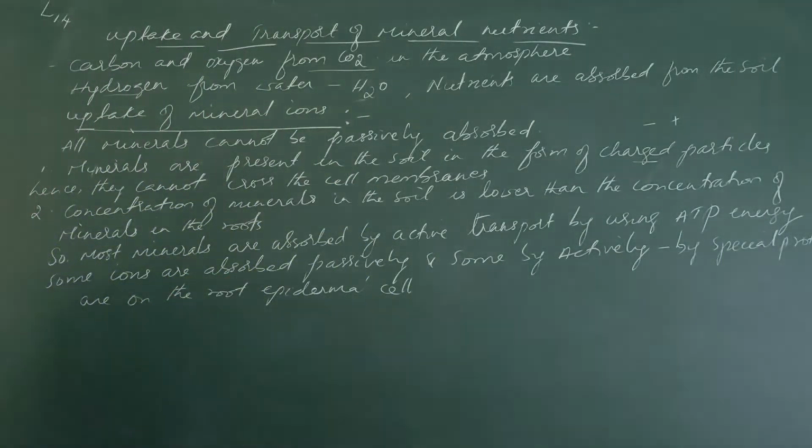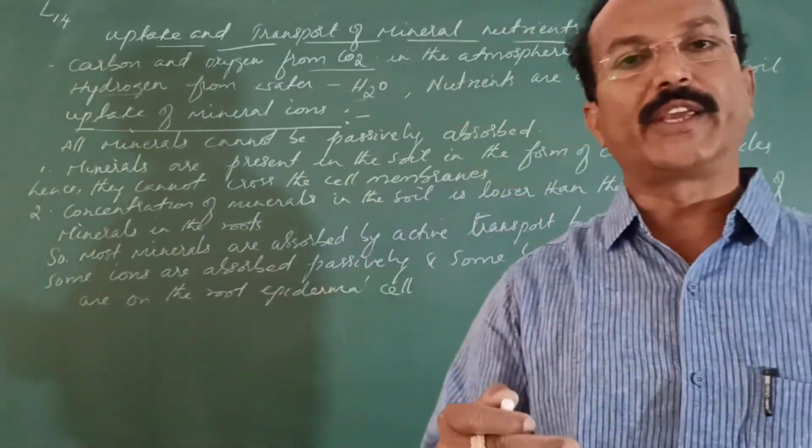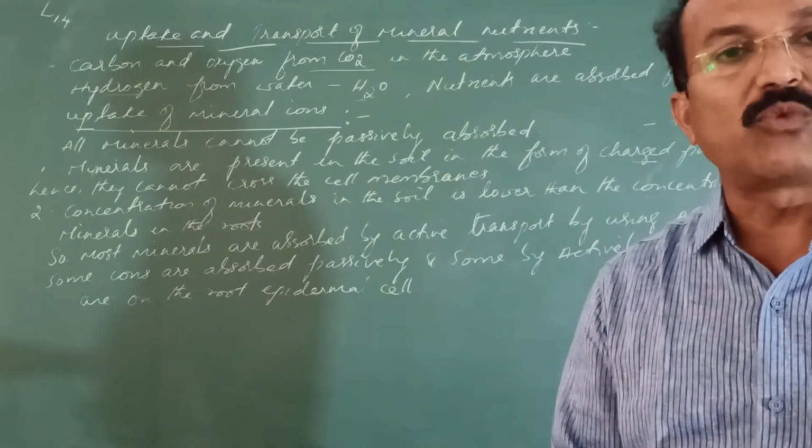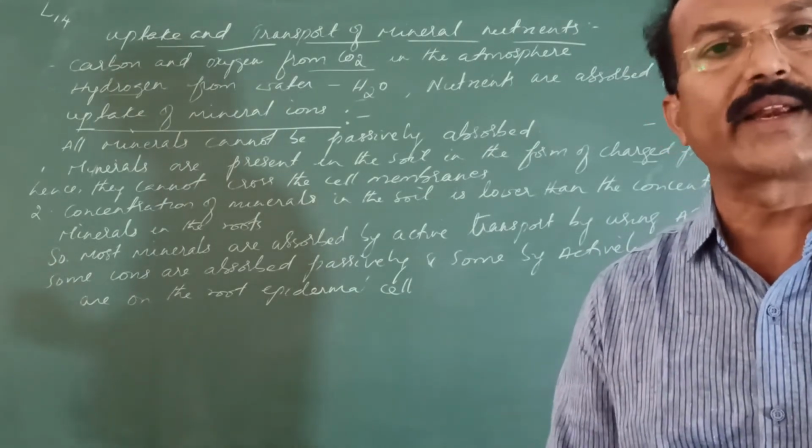When these ions move into the roots either actively or passively, from the root they move into the cortex. From the cortex they finally reach the endodermis. The endodermal cells do not allow the molecules, even water, to move directly, because the endodermal cells consist of what?